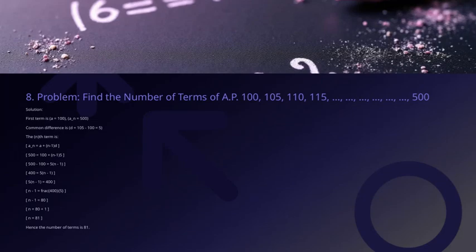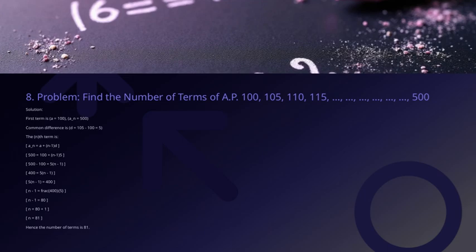So to find the number of terms in this arithmetic progression, we start by identifying the key components. First, we recognize that the total number of terms, n, is 81. We can see this written as n equals 81. Then, we break it down further. n is the same as 80 plus 1. Next, we look at the term just before the last one, which is n minus 1, and that equals 80. We also express n minus 1 as a fraction, 400 divided by 5.